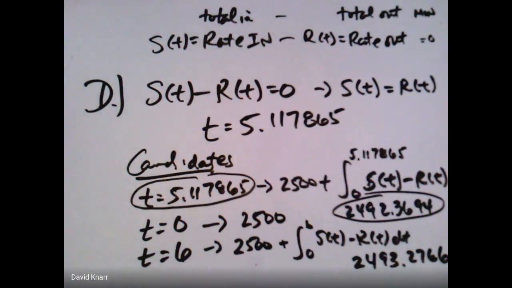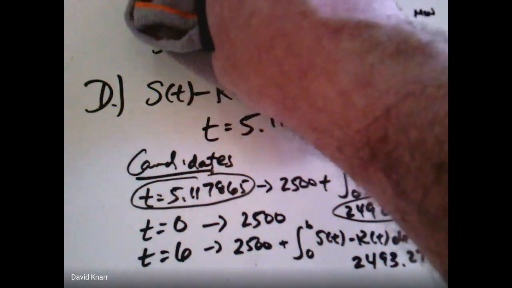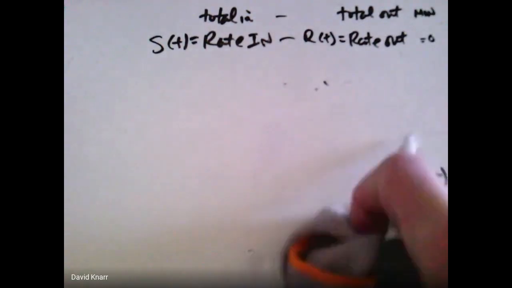All right, so one last question here. It's not on the paper, but it is one that shows up a lot in these types of problems, so I do want to go over it.